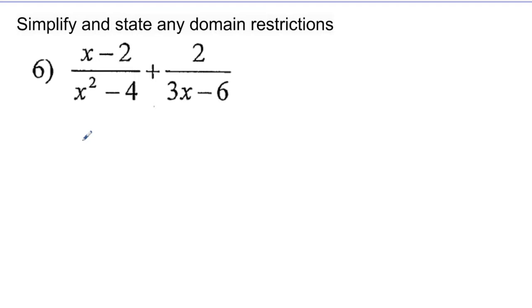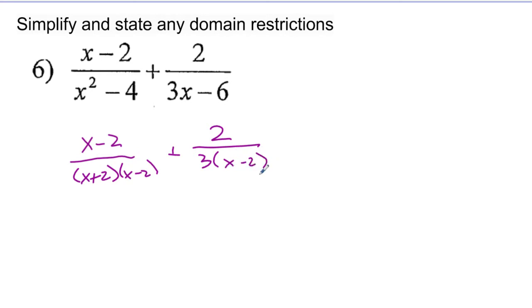So I'm going to say x minus 2 on the numerator, let's leave it alone. The denominator in this case becomes x plus 2 and x minus 2. And then I'm going to do the same thing with the second fraction. I'm going to say this is 2, and this has a GCF of 3 in it, which is 3 times x minus 2. So if I'm looking at this, it looks like they both have an x minus 2 in them, so that's not anything that I need to worry about.